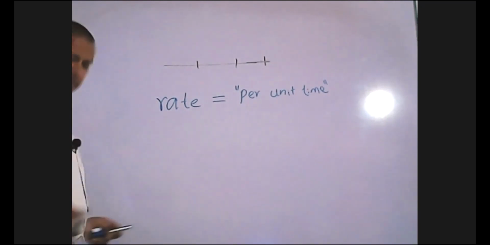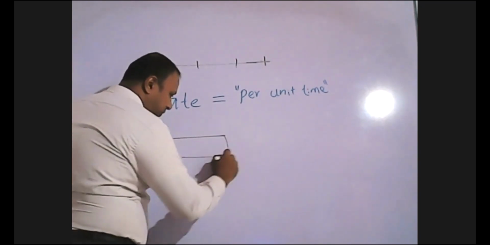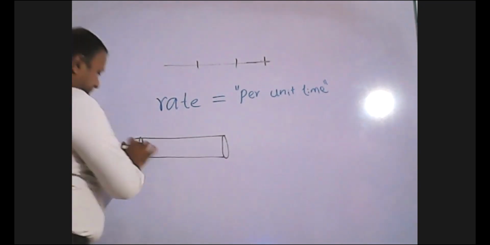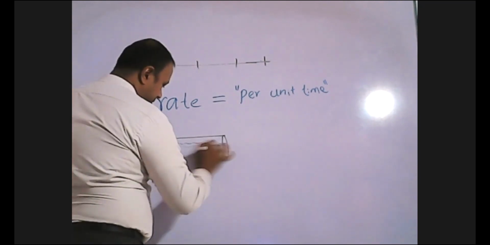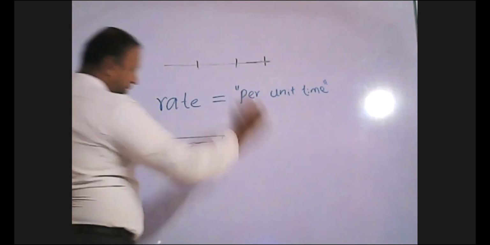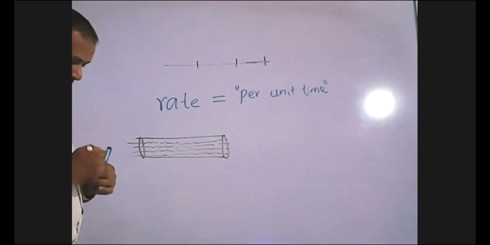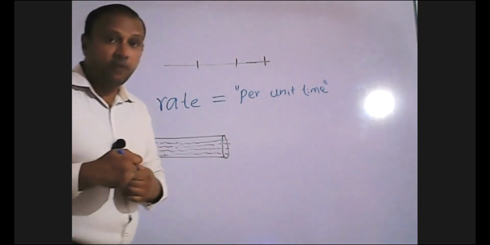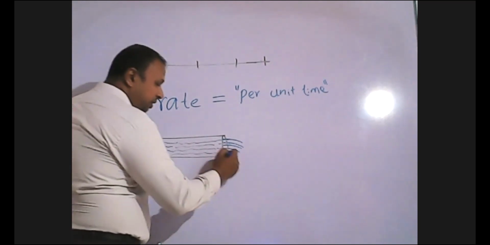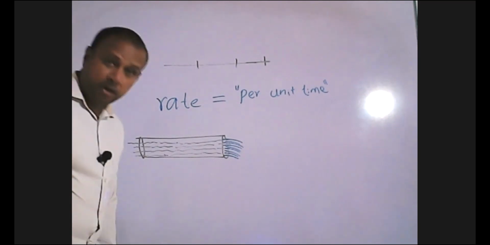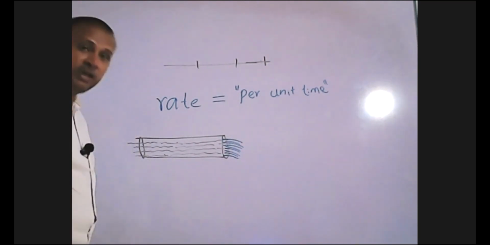That means if there is a horizontal capillary tube and some viscous fluid is flowing through this tube, the rate of volume is the volume discharge per unit time through this tube.